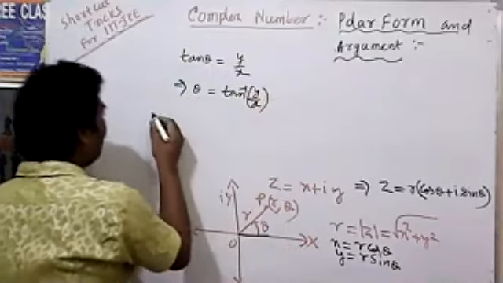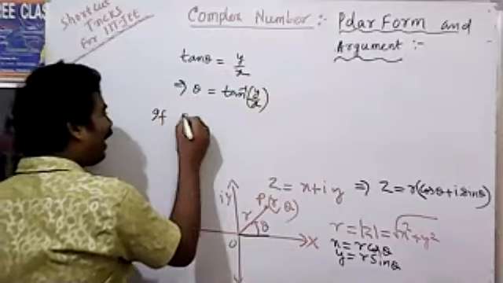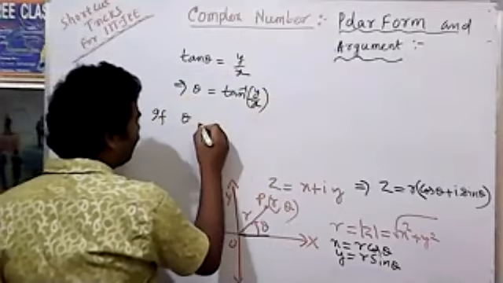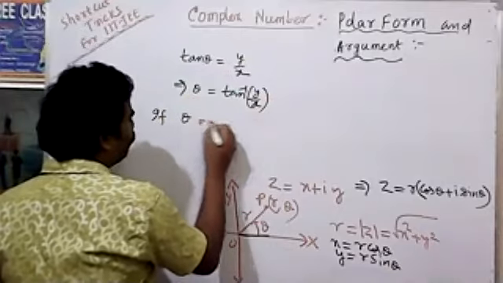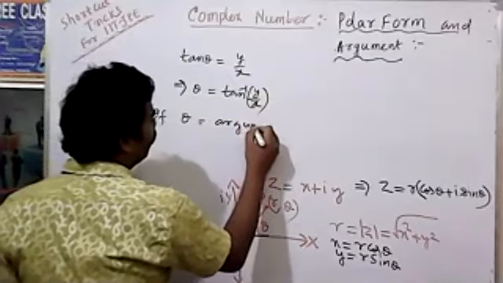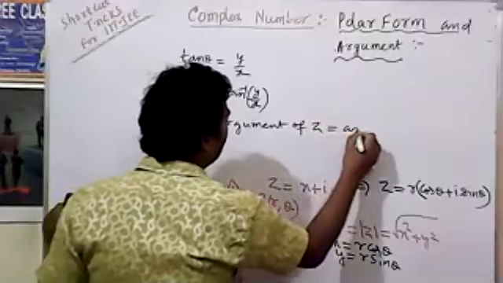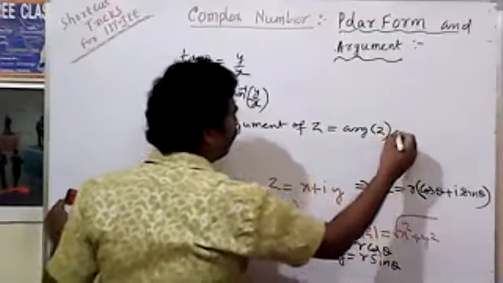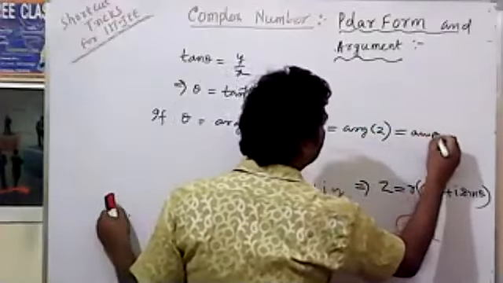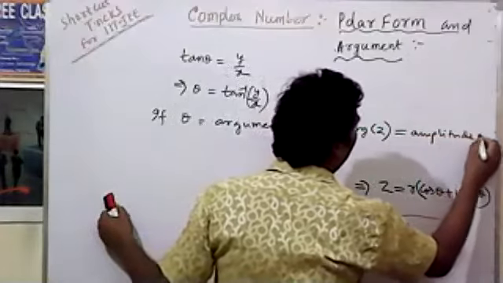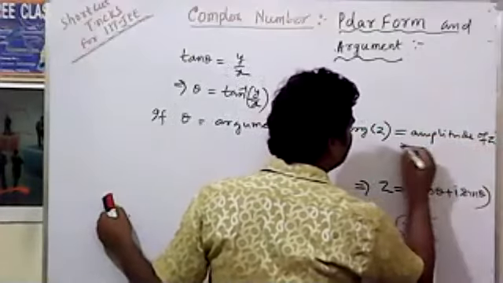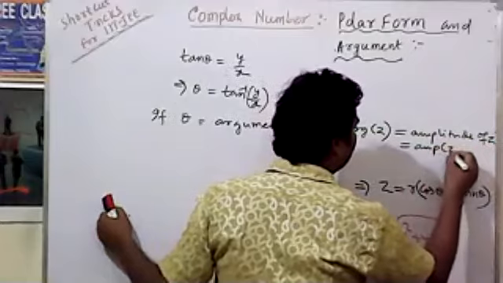Theta is also called the argument of z, or simply arg of z, or amplitude of z, or you can say amp of z.